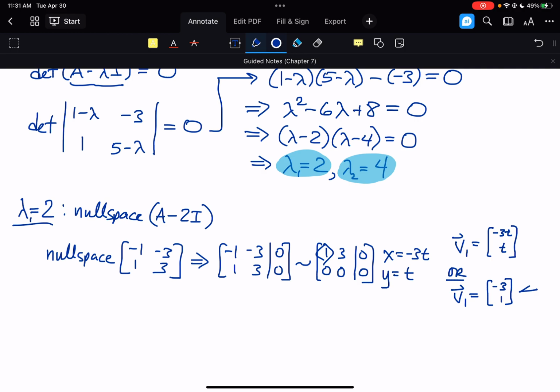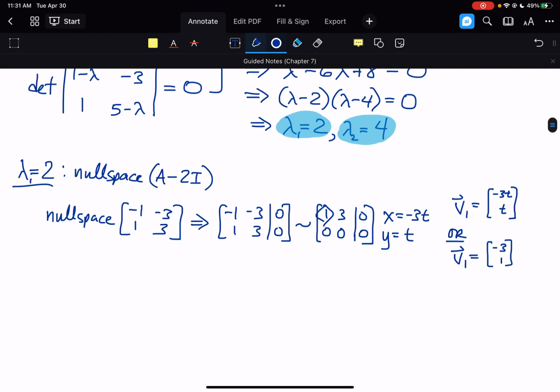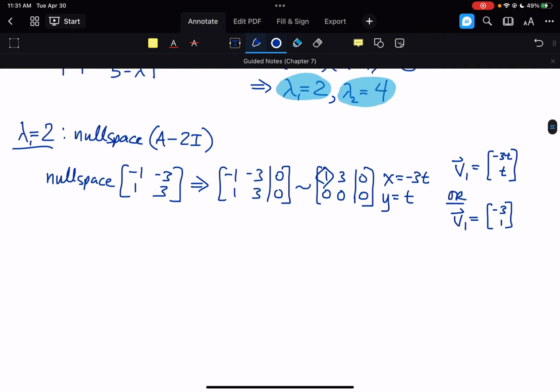It's just with this one, we understand from context that it's any multiple of this vector, not just this one vector. But we often just take the eigenvector proper. We just take the main form of the vector and ignore the free variable just for the sake of notation. But both of these are equivalent. And we'll talk at the end of the problem kind of when to use which one.